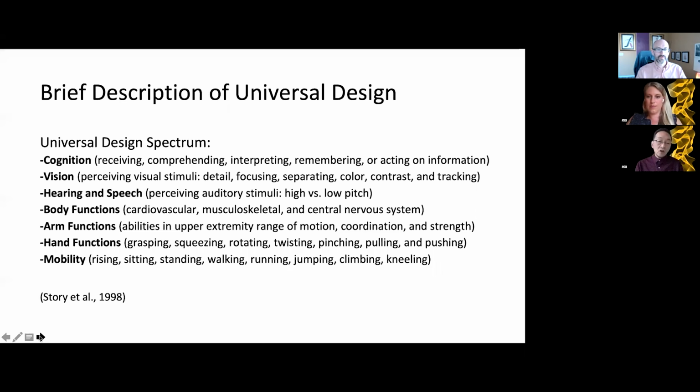Body functions: cardiovascular, musculoskeletal, and central nervous system. Arm functions: abilities in upper extremity range of motion, coordination, and strength. Hand function: grasping, squeezing, rotating, twisting, pinching, pulling, and pushing. And mobility: rising, sitting, standing, walking, running, jumping, climbing, and kneeling are just a few of the things that we need to be focused on and cognizant of when we are trying to be universal.